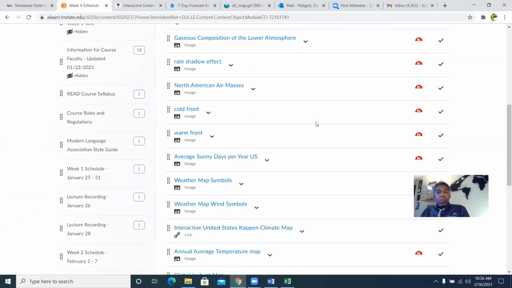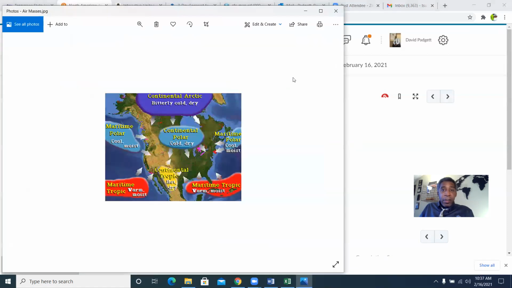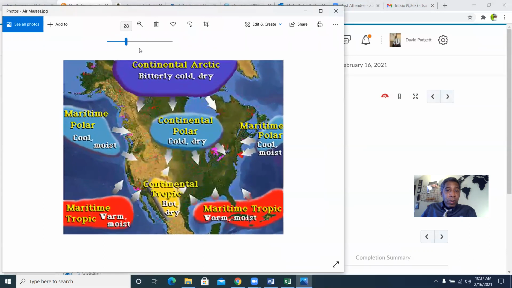And so you also have air masses. And again, we're focusing upon North America. Theodora will have to talk. But there are various air masses that affect our climate here in North America. And so if you notice, we have the maritime tropical.